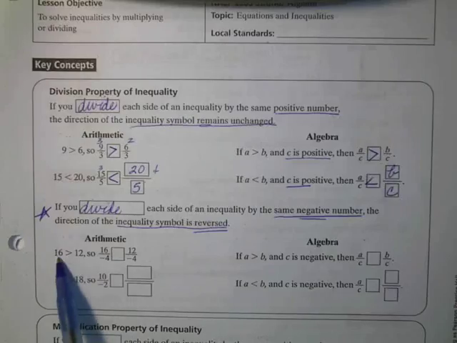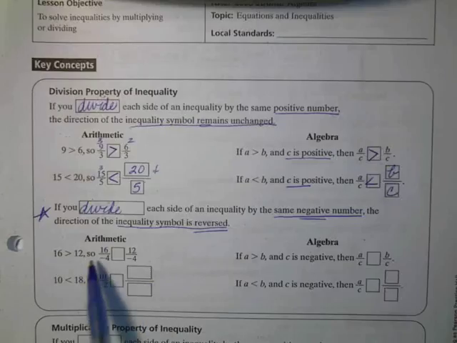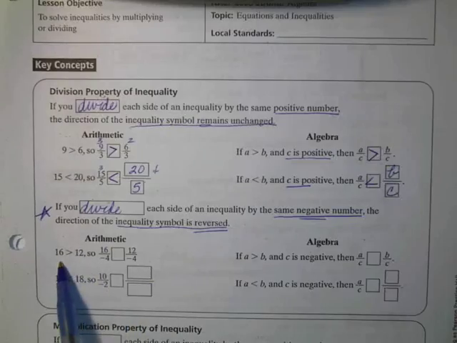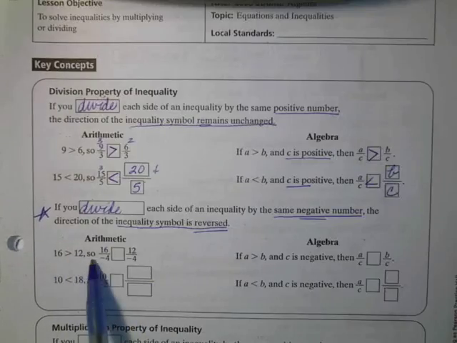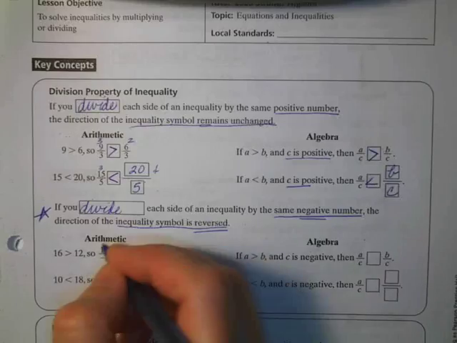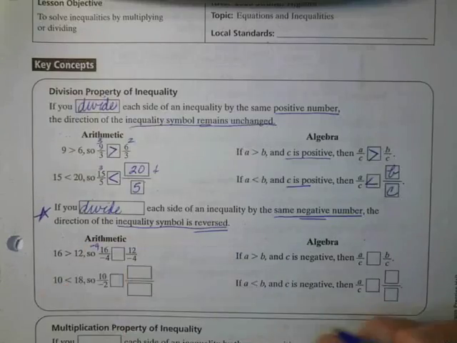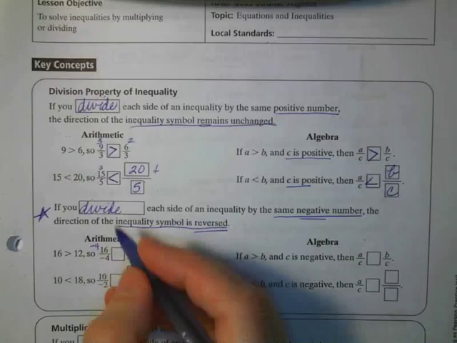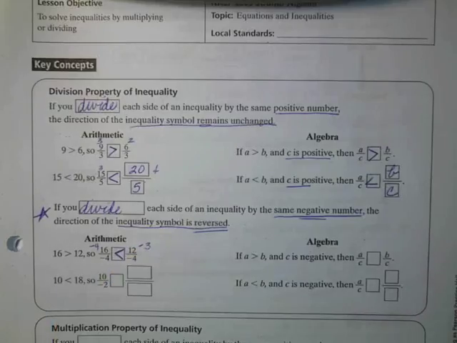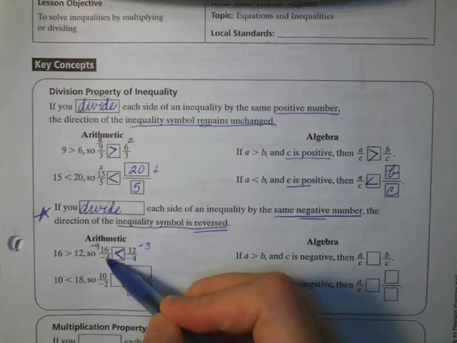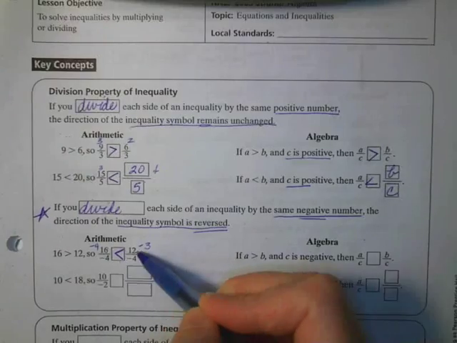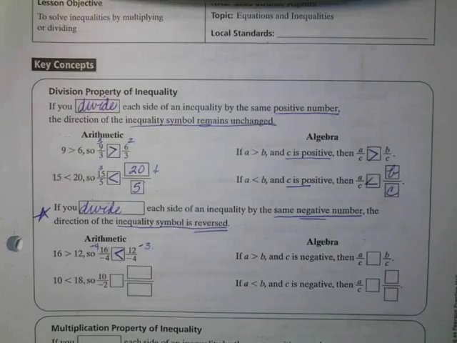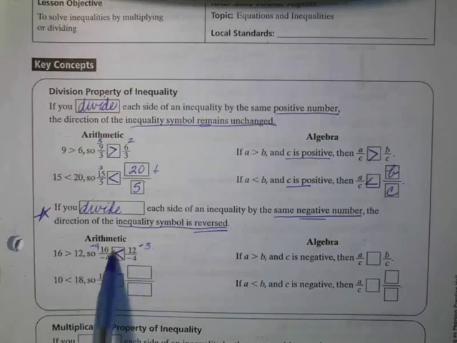So if 16 is greater than 12, then negative 16 divided by negative 4, which happens to be negative 4, and 12 divided by negative 4, which is negative 3, I have to reverse my inequality symbol and say less than, because 16 divided by negative 4 is less than 12 divided by negative 4. So in order for that to be true, the inequality symbol is reversed.